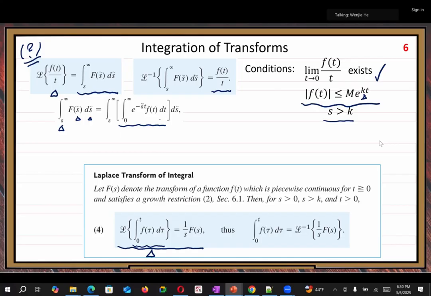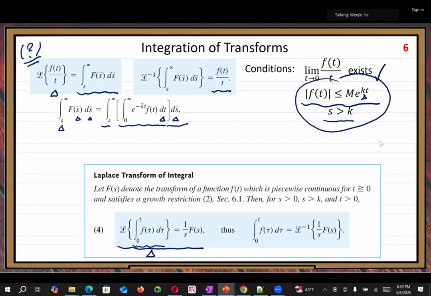The current order is: integral with respect to the t variable first, then integral with respect to S tilde second. This is the Fubini theorem, a very important theorem in calculus. You can switch the order under certain conditions, and we have them here.